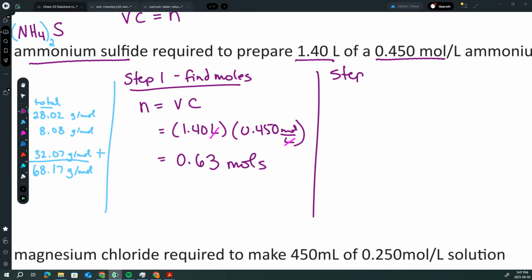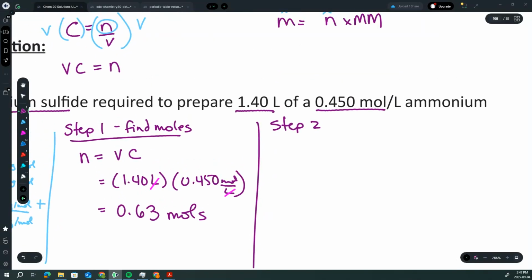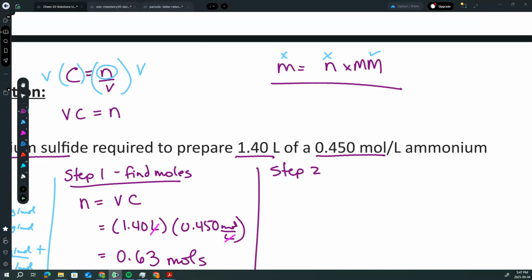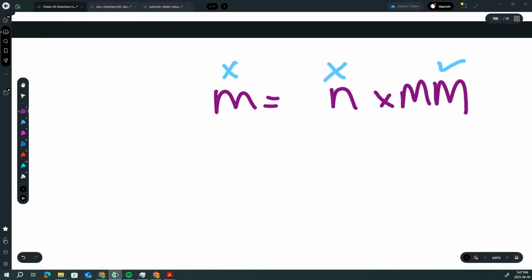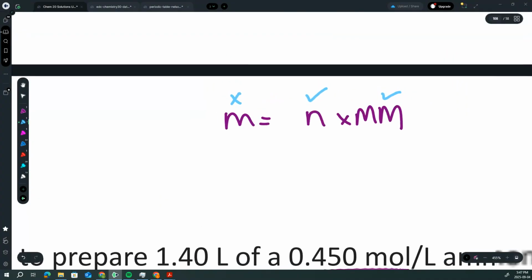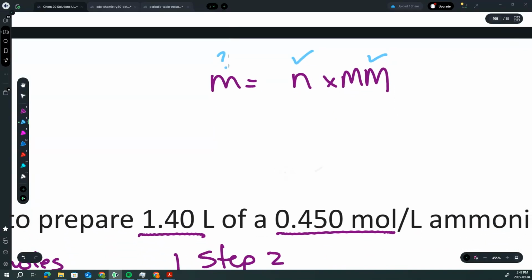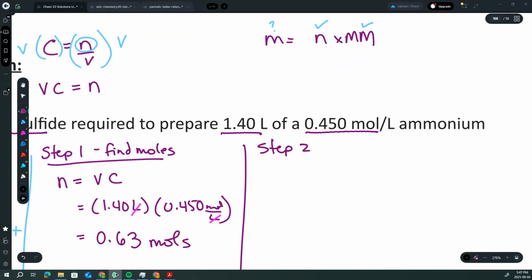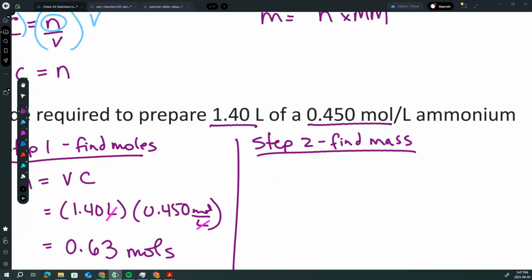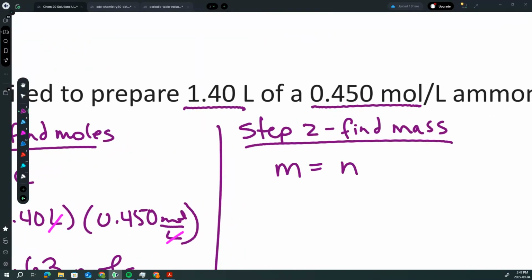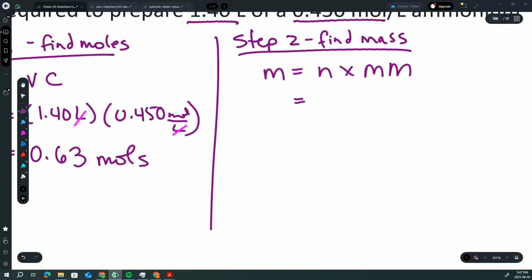Now step 2, we're going to find mass, and that's using the mass is equal to moles times molar mass equation, because now we have an amount of moles. So mass is equal to moles times molar mass. So moles, that was 0.63 moles.